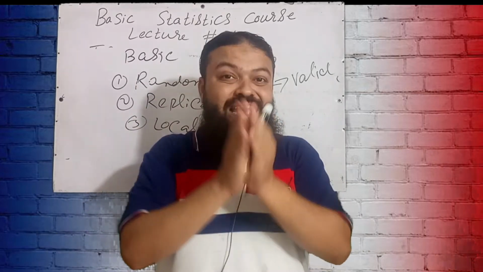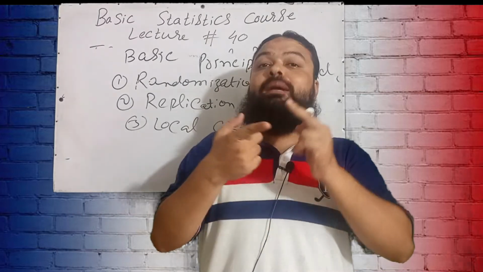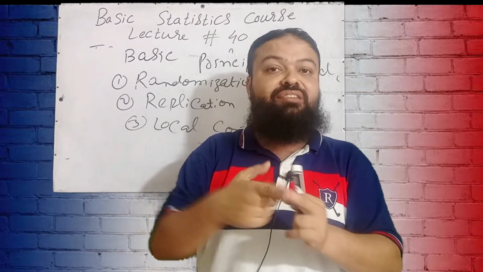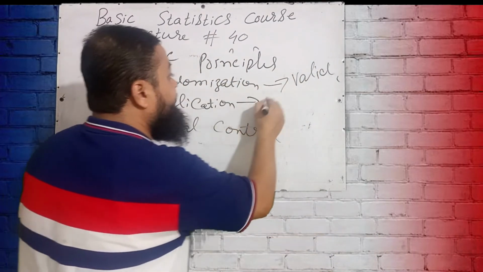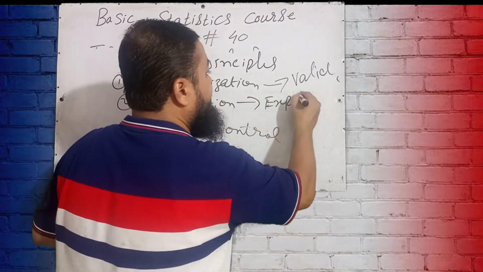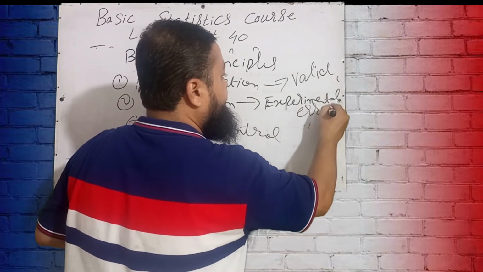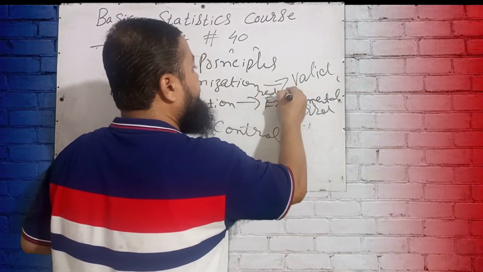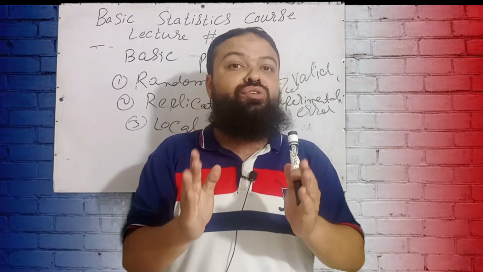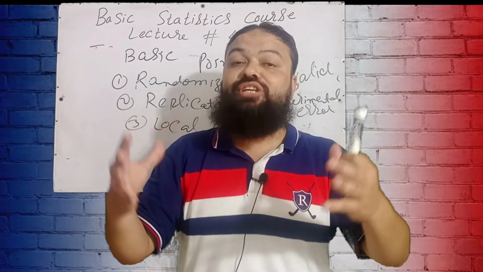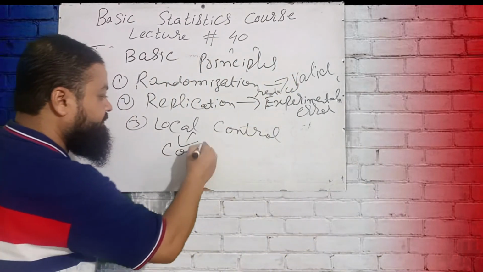The objective, the aim of applying the replication is it reduces the experimental error. The third one is local control. Local control is used to control the extraneous sources of variations.